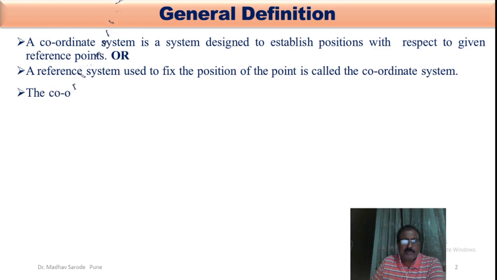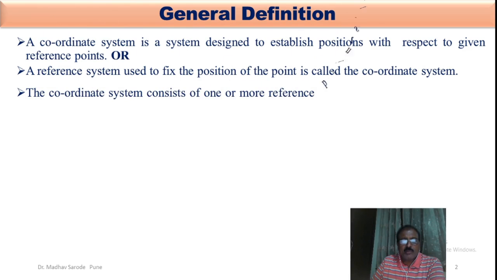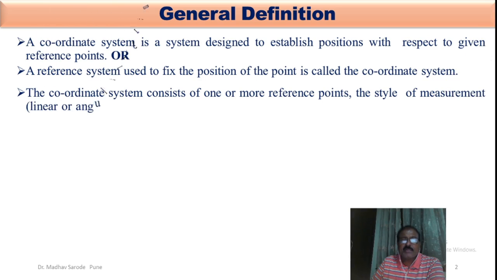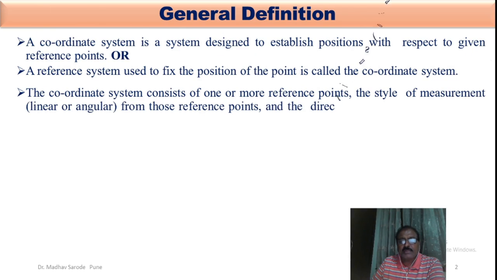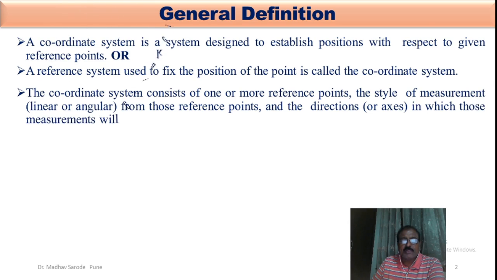And this coordinate system consists of one or more reference points, the style of measurements, linear or angular, from those reference points, and the directions or axes in which those measurements will be taken.